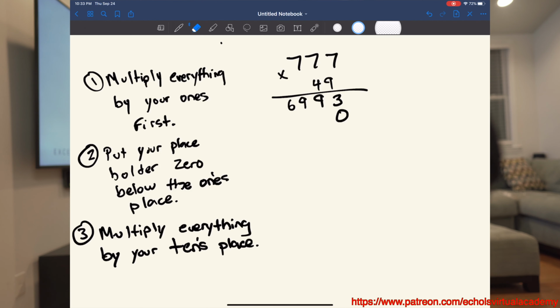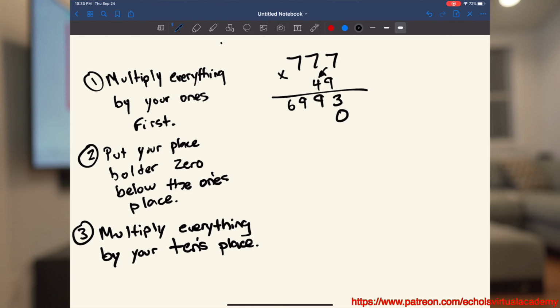And we multiply everything by our tens place now. So it's 7 times 4. 7 times 4 is 28. Put your 8 down, carry your 2. 7 times 4 is 28 again, but you add 2. So now you put down your 0 for 30. Carry your 3. 7 times 4 is 28 plus 3 is 31.